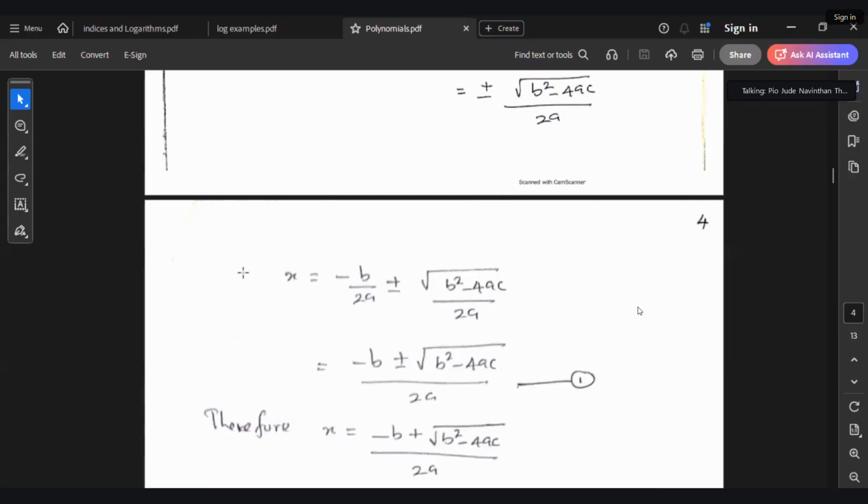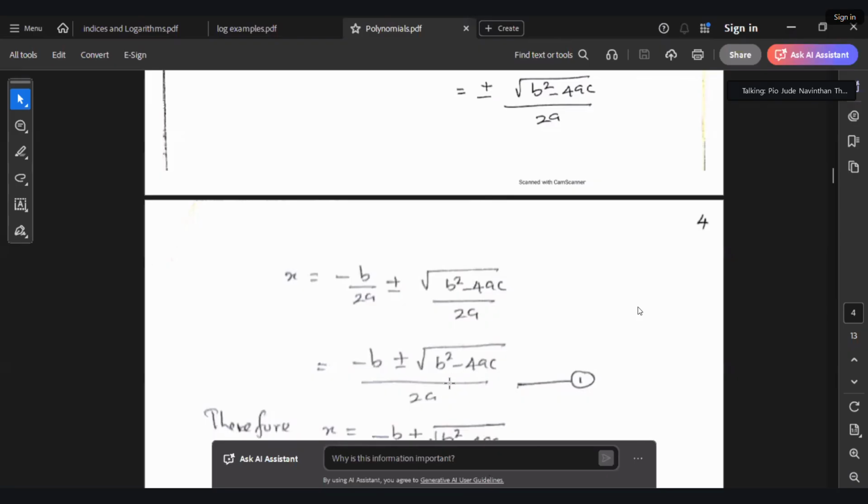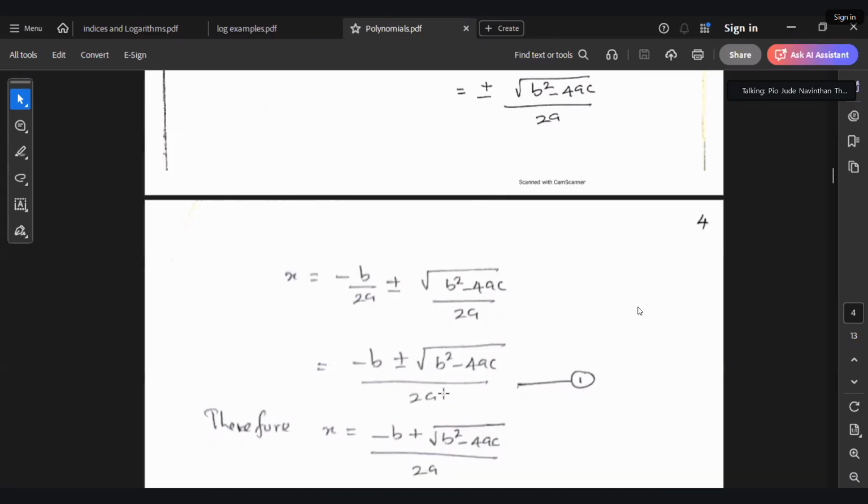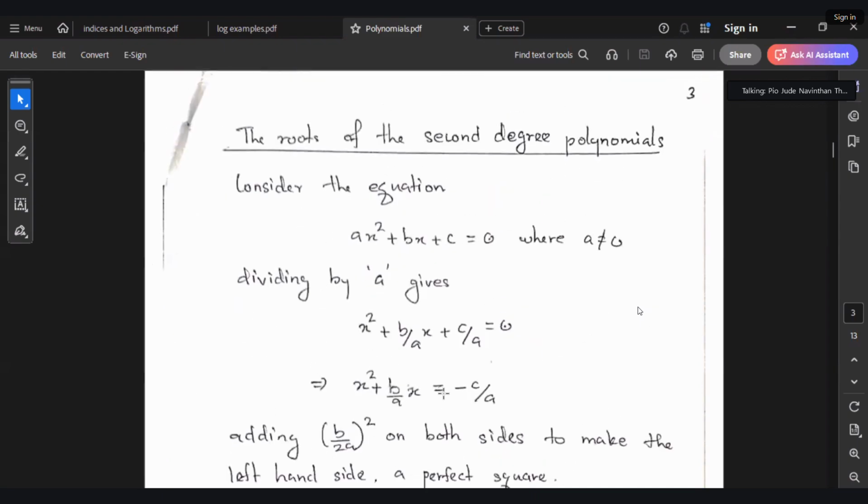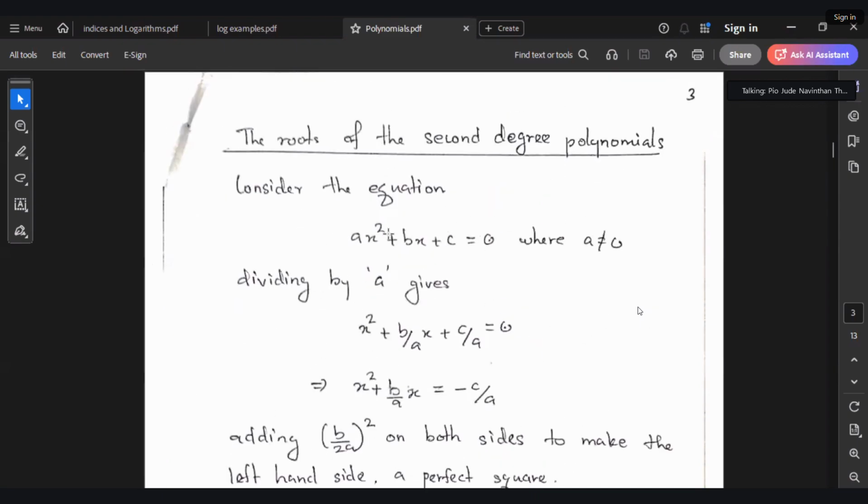Right? So if any quadratic equation is given, first you have to write what is a, what is b, what is c with the sign. If it is minus 2, you have to write minus 2. Don't write 2. Okay? With the sign. Then you can substitute all the values here. Then you can get what is x. So a quadratic equation means x has 2 values, right? Maybe x is equal to 5 or x is equal to 3.